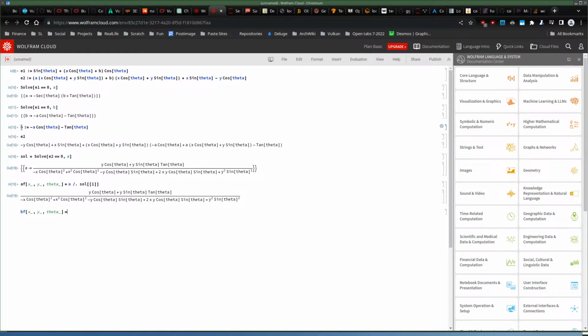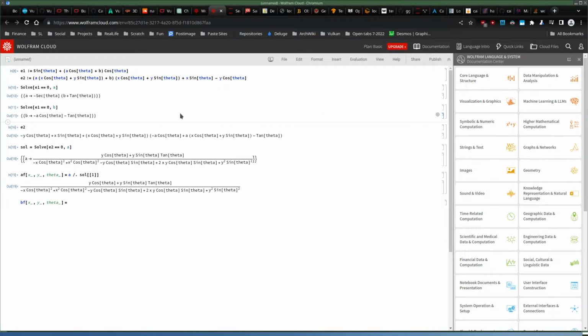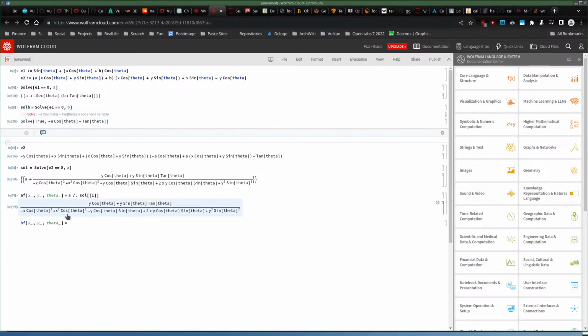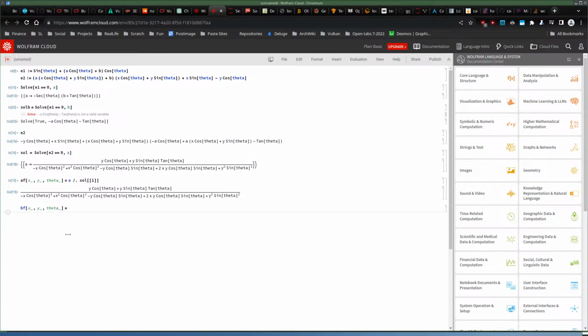I think I have to clear B here first, probably. Let's delete this thing. And this is solution B, which might not work. Yeah, it actually did not work.